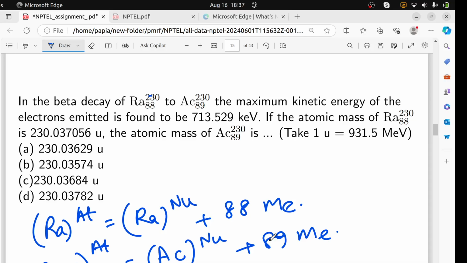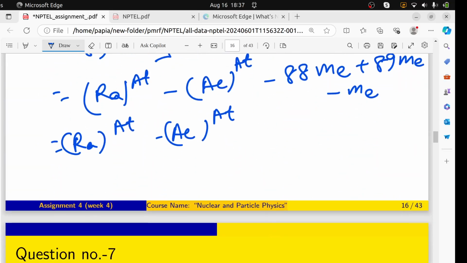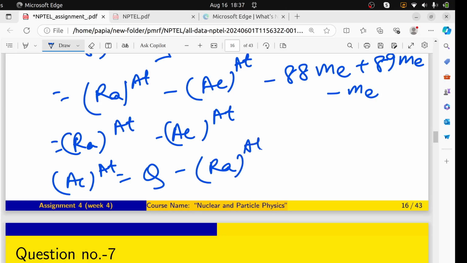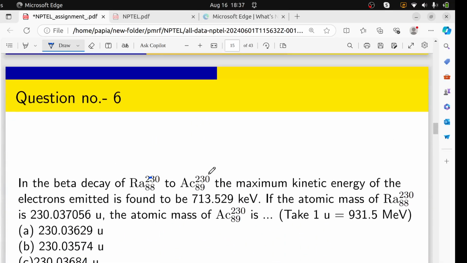They are asking for the atomic mass of AC. So now we will do AC atomic equals Q value minus Ra atomic. Q value is how much? Q value is 713.529 keV.